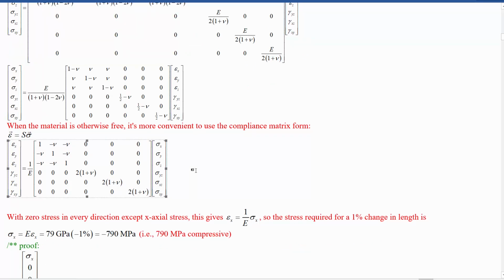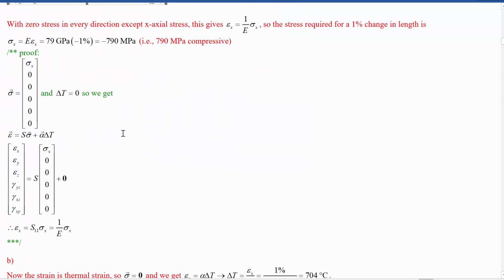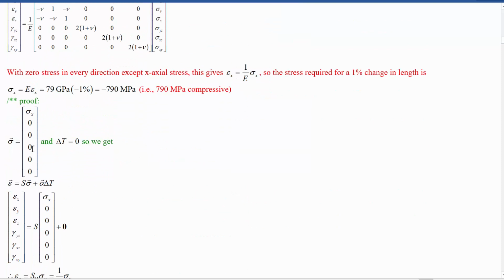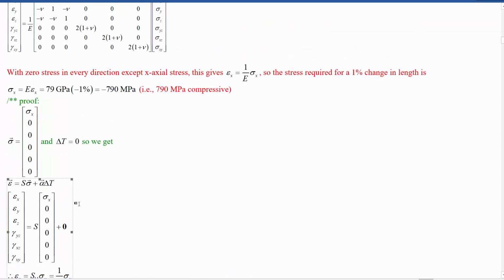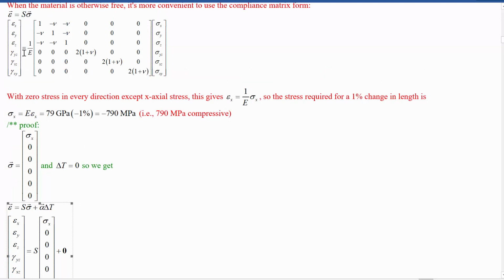Let's actually do that. So all the other stresses are 0. So when we have that the strains are equal to compliance matrix times the stress plus 0, looking at the compliance matrix from above, we'll have that it's the 1, 1 component times sigma x plus negative nu times 0 plus negative nu times 0 plus 0 times 0 plus 0 times 0 plus 0 times 0.